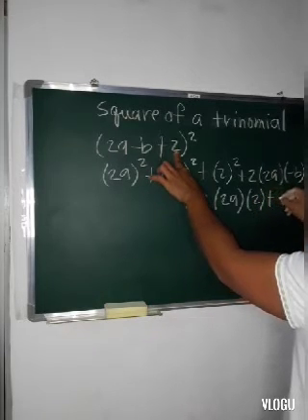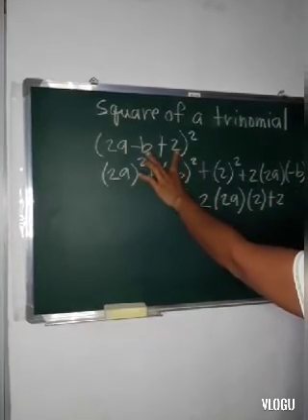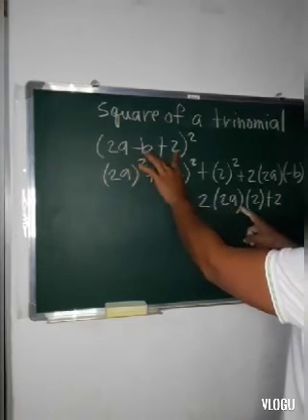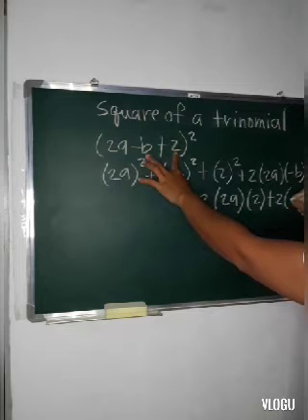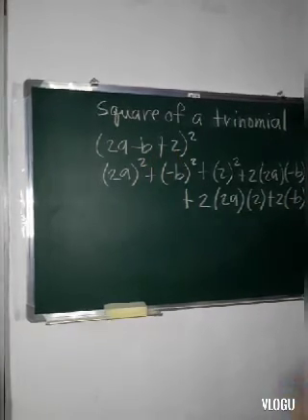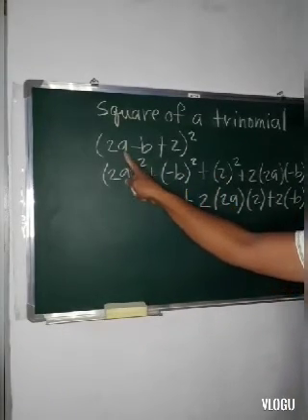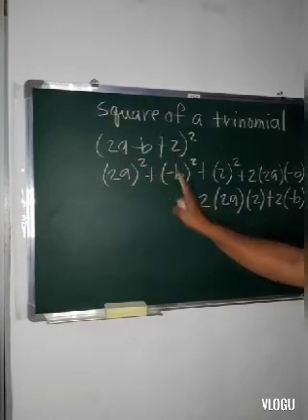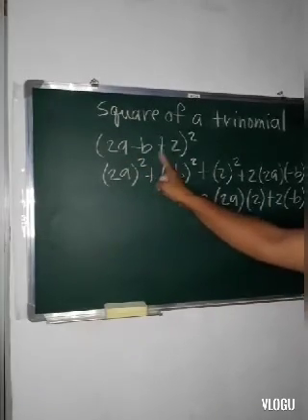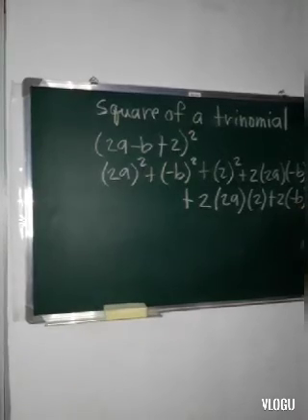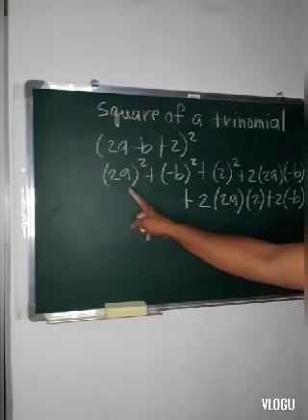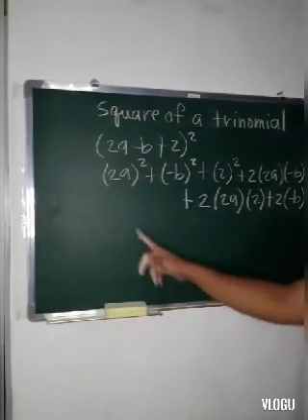And then plus twice the product of this one: 2 times negative b times 2. That's it. So we have 3 combinations: 2a and negative b, 2a and positive 2, and then negative b and positive 2. And then the last step, we're going to perform the operation.